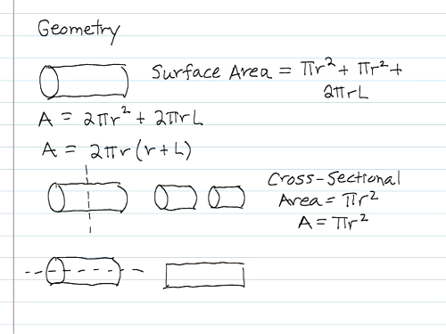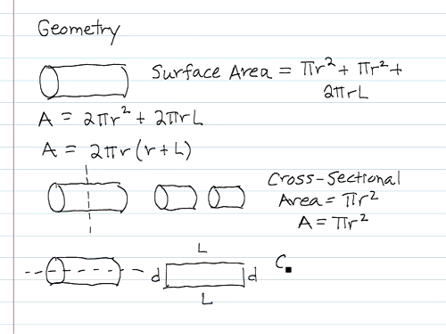So in this case, we get a rectangle, and 2 sides of this rectangle are the length of the cylinder, and then on the sides, that's the diameter of the circle, which is the same as twice the radius. I'll just write D for diameter.